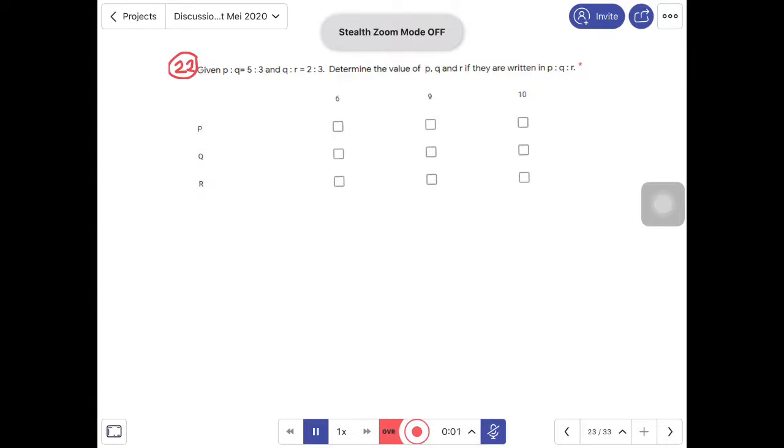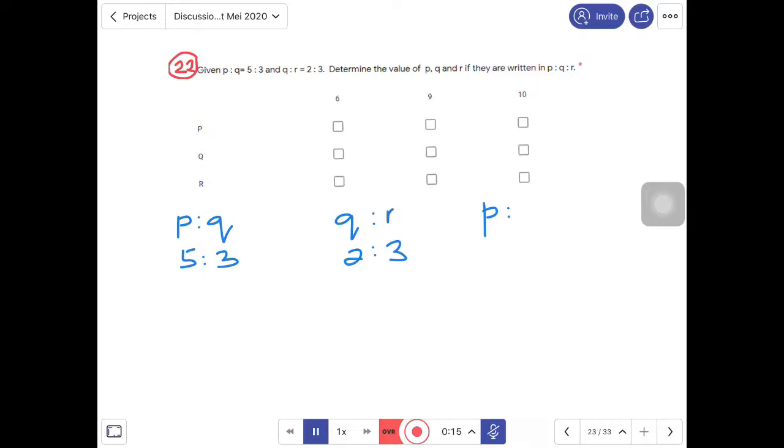Right, given the ratio of P to Q is 5:3 and Q to R is 2:3, and we are required to write them into a ratio of 3 quantities, P to Q to R. So what we are going to do is make the Q here of the same value.